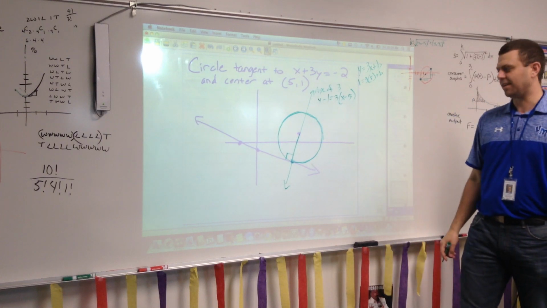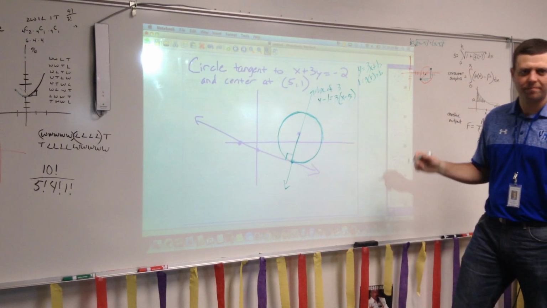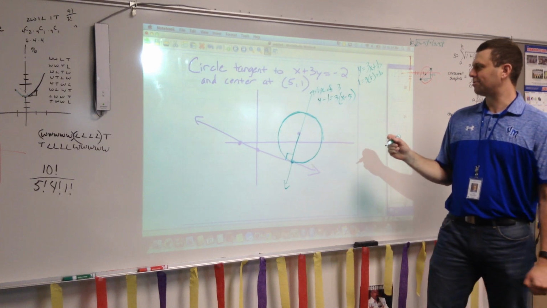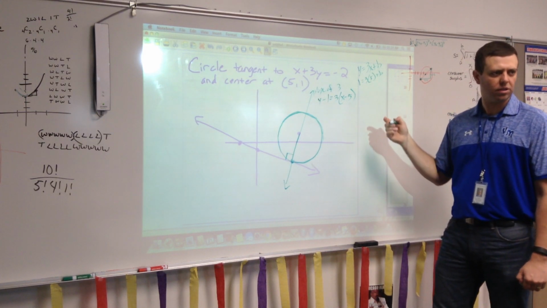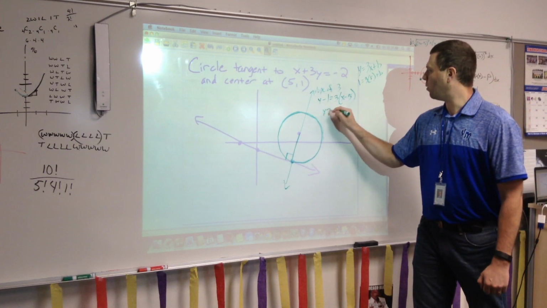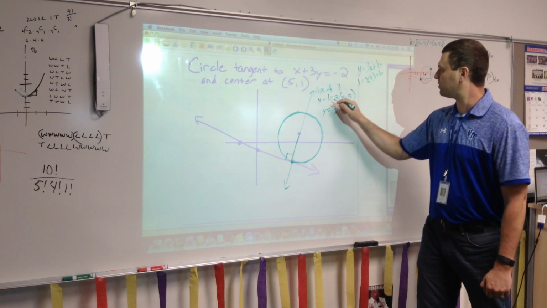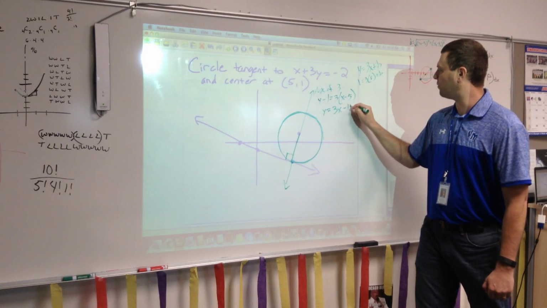Yep, that's slope-intercept form. Takes too long? That's perfectly fine. Solve it for b, then write your equation. y equals 3x minus 15, add the 1, minus 14.